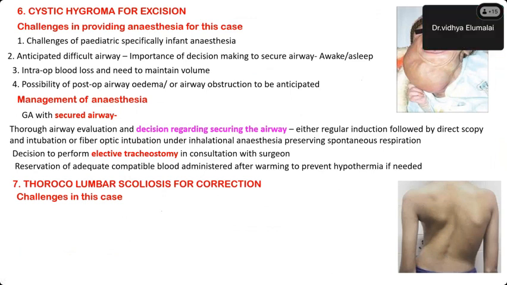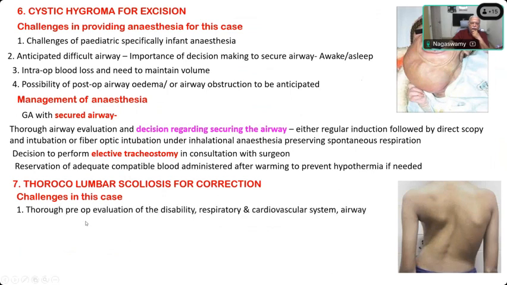Respiratory function, perioperative. See, the defect is so bad that this side of the chest looks very narrow and this side looks big. So the lung development or the lung expansion on the affected side is the first and foremost concern. Okay. So thorough preoperative evaluation of disability, respiratory, cardiovascular system, and airway.